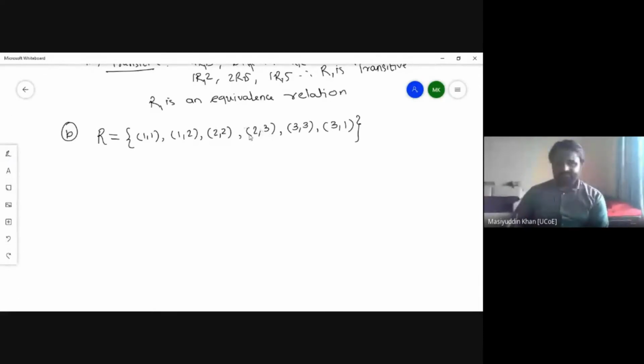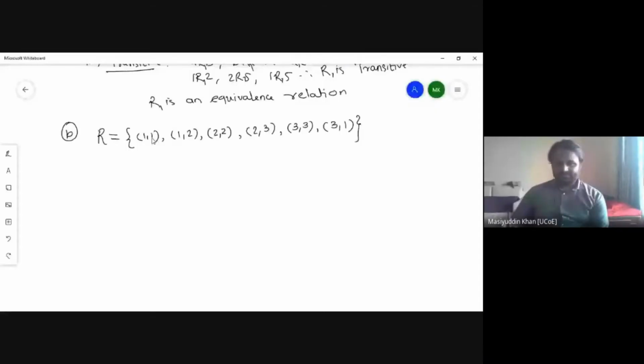If we talk about symmetric, then A to B, like 1 to 2, 2 to 1 is not possible here. When we check the transitive pair, 1 to 1 and A to A are not important for us.